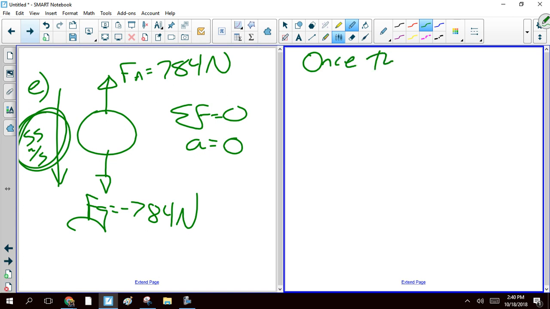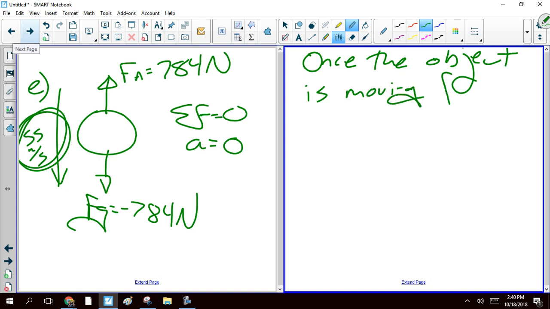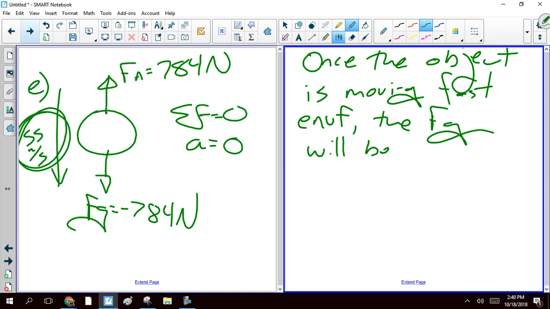Once the object, you should write this down. This is the other thing you need to know. Once the object is moving fast enough, the force of gravity will be canceled by the force of air resistance.